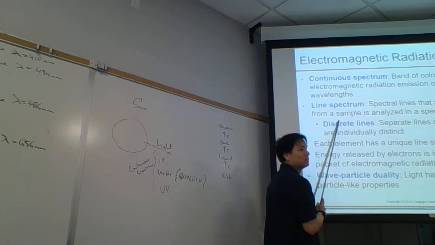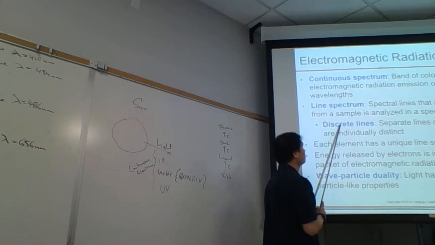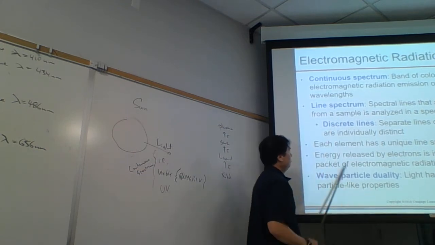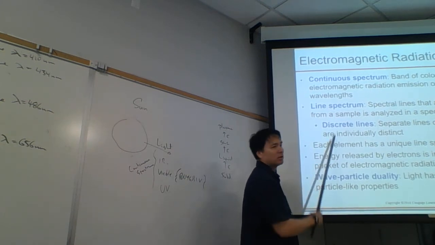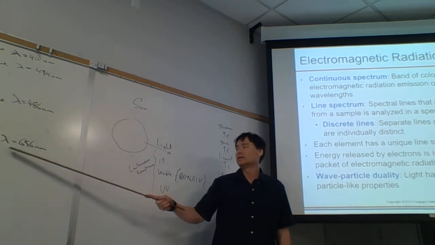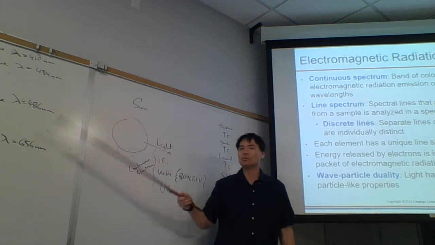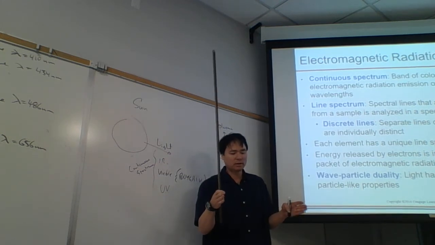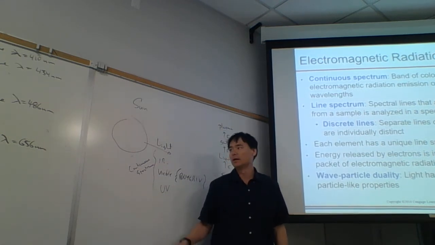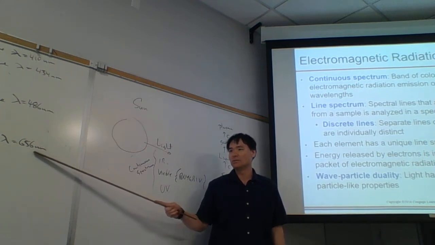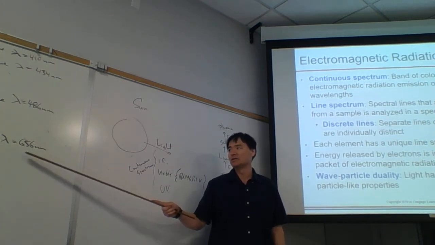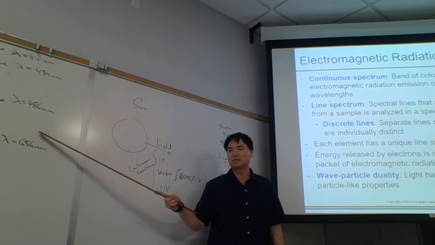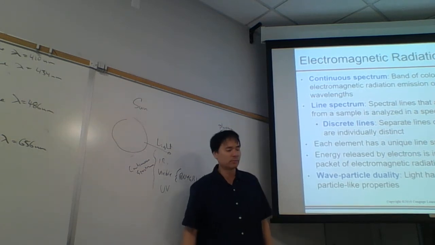Classical physics couldn't explain it. There are discrete lines in the line spectrum. Discrete lines meaning this is at 656. There's a whole rainbow of red colors, different shades of red, but only this shade was allowed, 656. The shade at 655 and the shade at 657 were not. Those were forbidden.